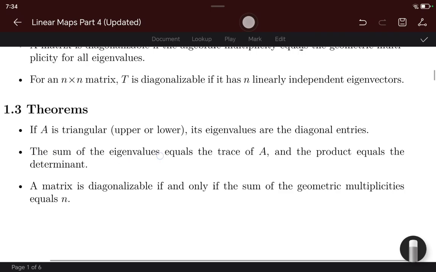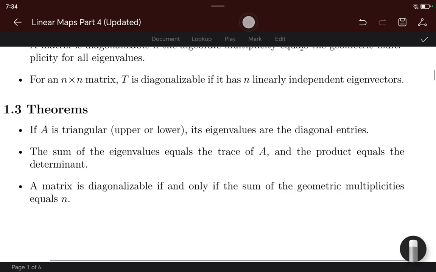Now, the sum of the eigenvalues equals the trace of A. Remember, the trace of A is when I add those diagonal entries. And the product equals the determinant. So we'll try to use any of these, if time permits, in the next session to confirm our eigenvalues.